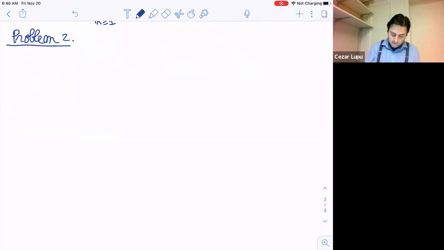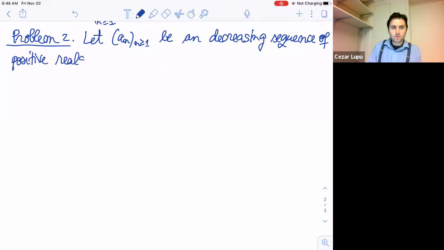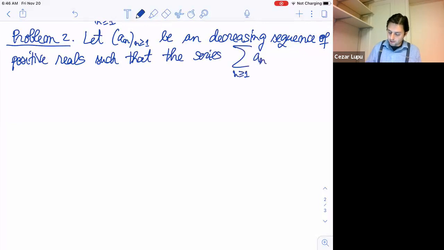So let a_n be a decreasing sequence of positive reals, such that the series converges.